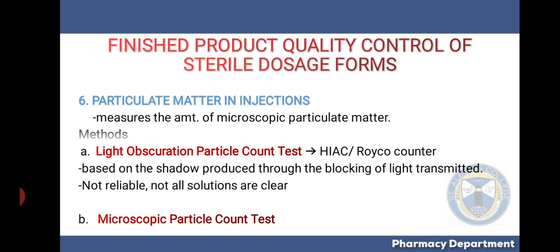For the microscopic particle count test, we have a microscope and the sterile preparation. The sterile preparation is filtered. After filtering, it is placed on a 1.0 micrometer polycarbonate filter.